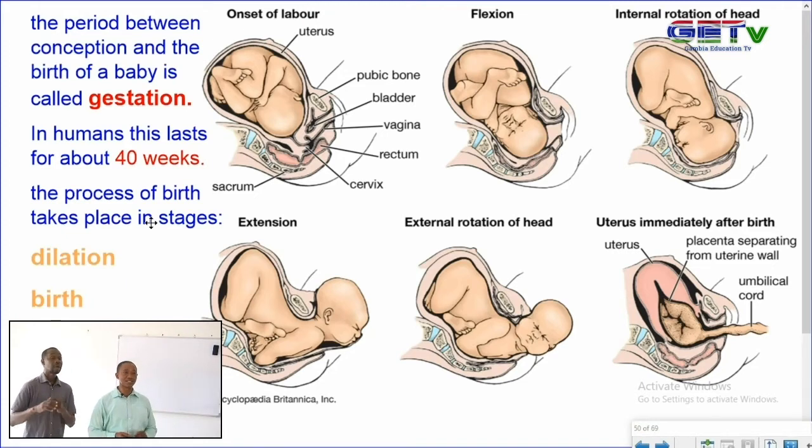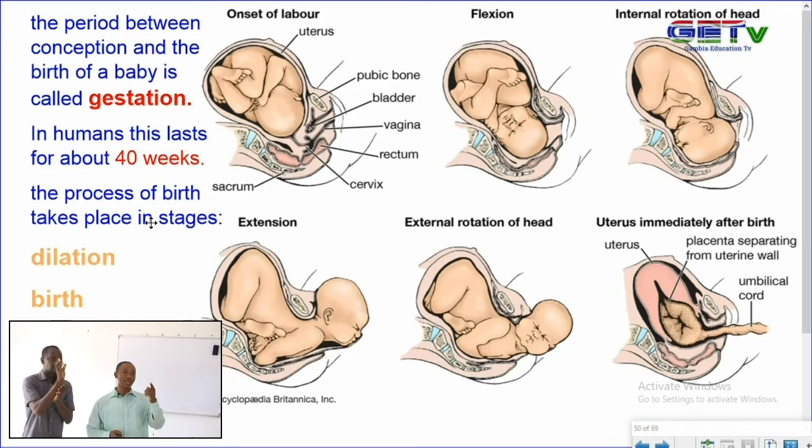In humans, gestation lasts for about 40 weeks. That's about 9 months, 8 to 9 months, after which the process of birth takes place, which happens in 3 stages. Dilation is wherein the birth canal of the mother begins to relax, and when it relaxes, the head of the baby tries to move out.